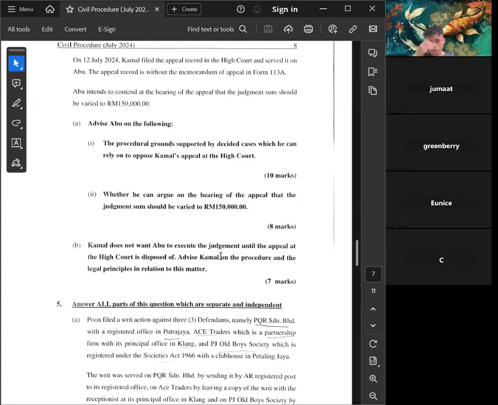Okay? Does anyone have questions on this question? Yeah, but last but not least, since this is an appeal to the High Court, once you have explained all the relevant principles, you must also include Order 55 Rule 6, because this is an appeal to the High Court, and you can find it in your Rules of Court, where the procedure on how to apply for the stay of execution is.